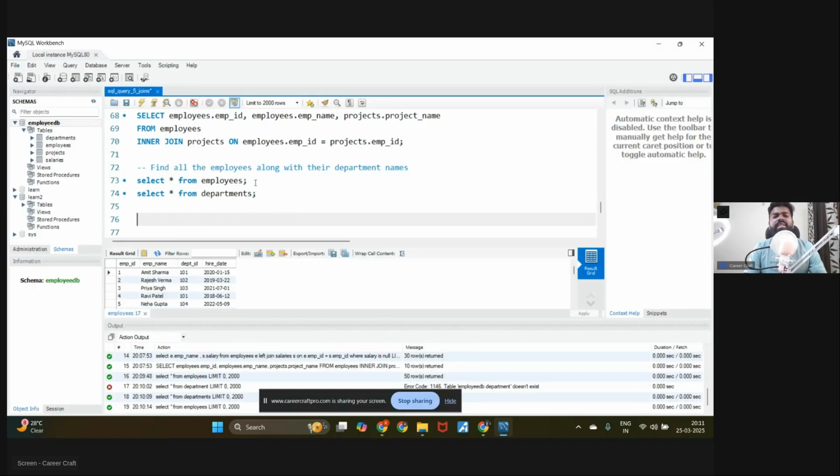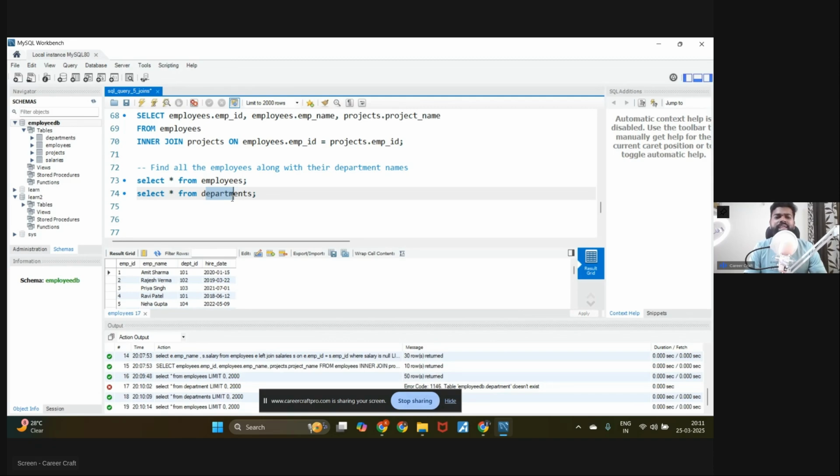Department ID is the common column in both the employee table and the department table. You can use both left join or inner join, it doesn't matter in this case.